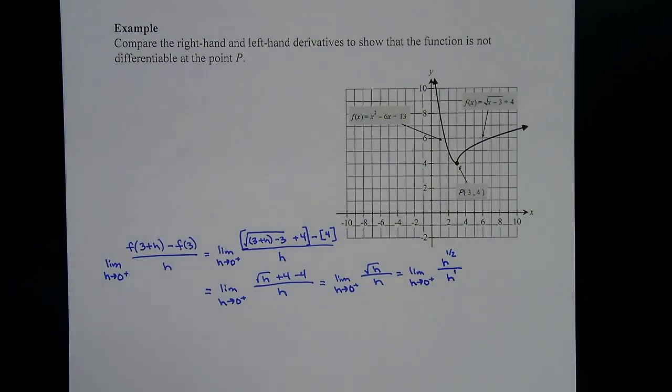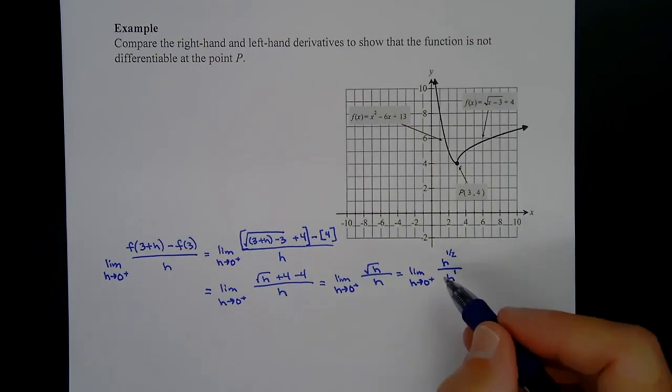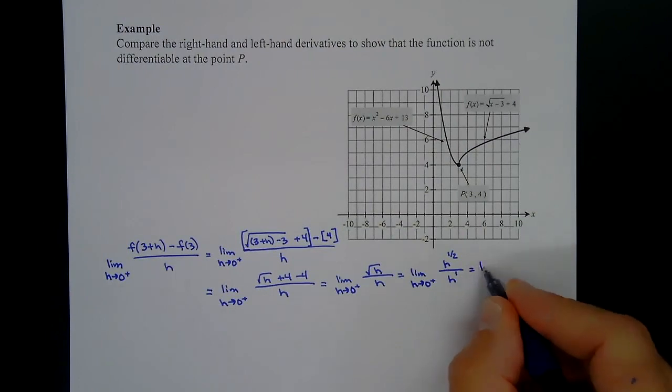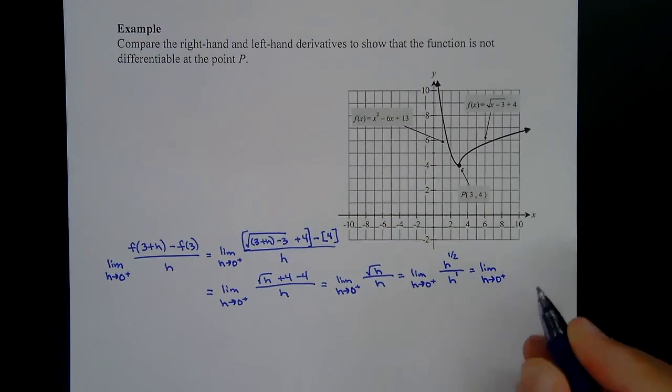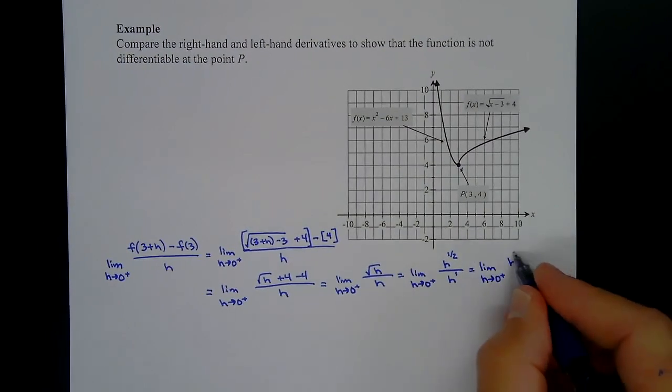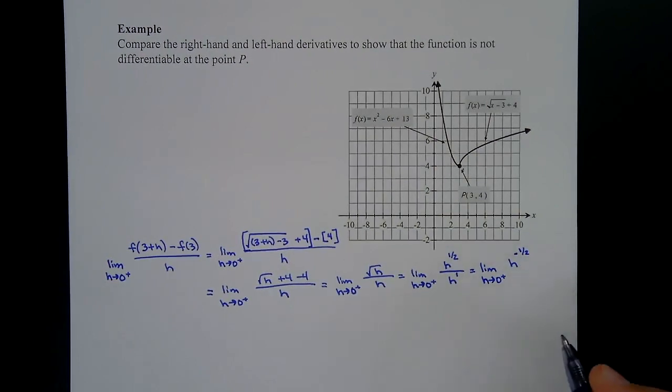Because I was able to write both of these with exponents, I can use exponent rules. I have h to a power divided by h to a power, so we subtract these powers. So this becomes the limit as h approaches 0 from the right of h to the power 1/2 minus 1, which gives you negative 1/2. Now, what does the negative exponent mean?